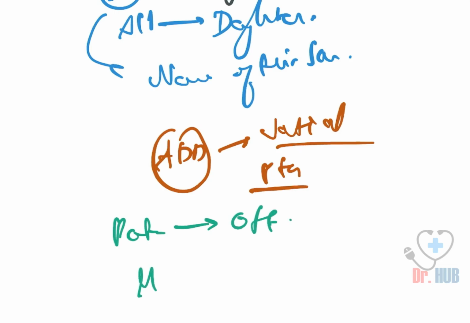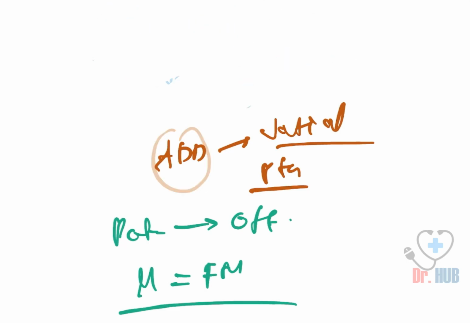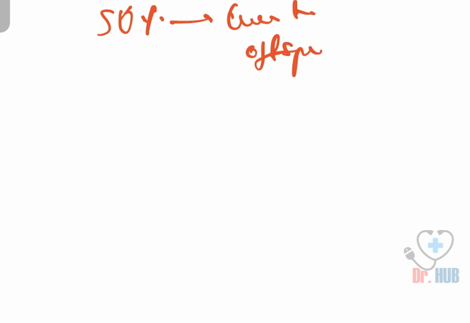Here the male is equally affected like the females. Next, affected individuals have a 50% chance of passing on the gene to the offspring.